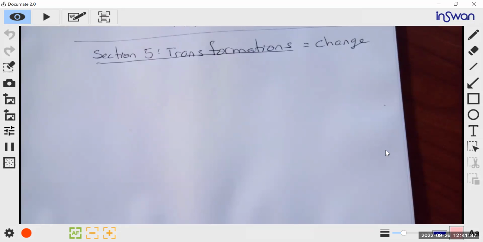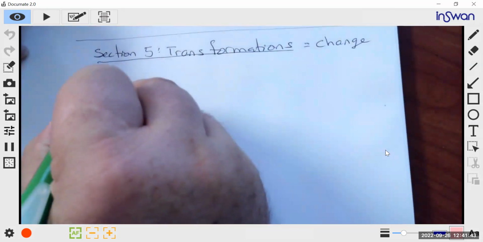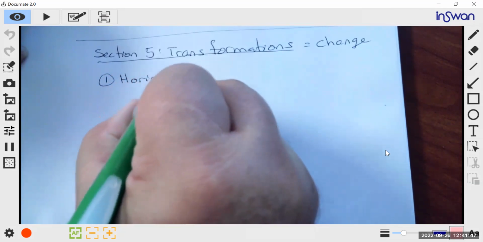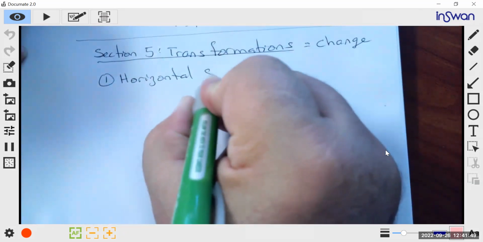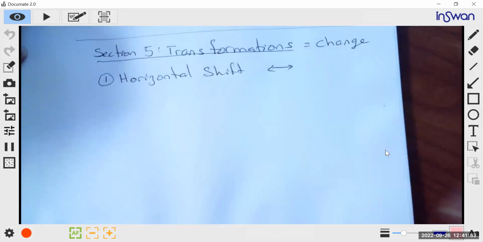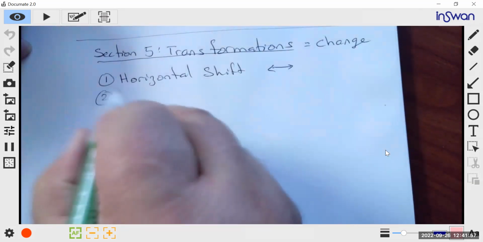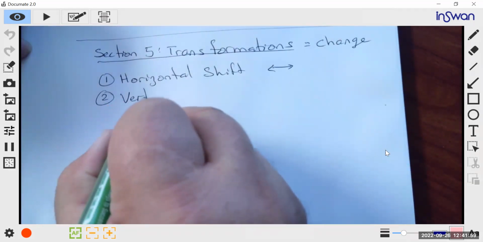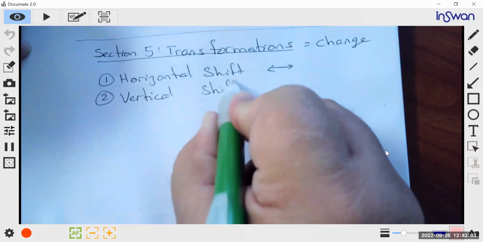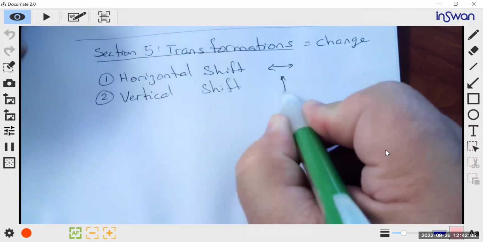How many different ways can we change a graph? We have a horizontal shift, which means it's left and right. We have a vertical shift, which is up and down.